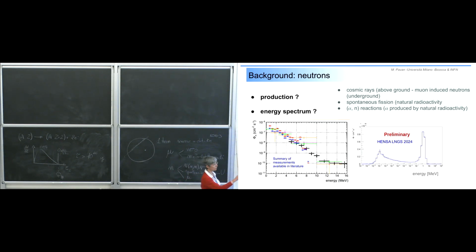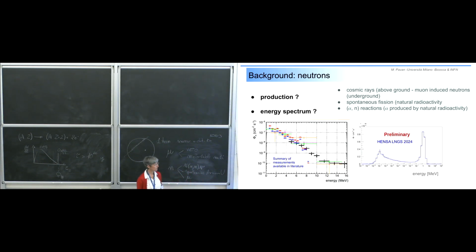And this is a more recent spectrum. Keep in mind that this is logarithmic, while this is linear. So what you are seeing here is basically these two or three bins.